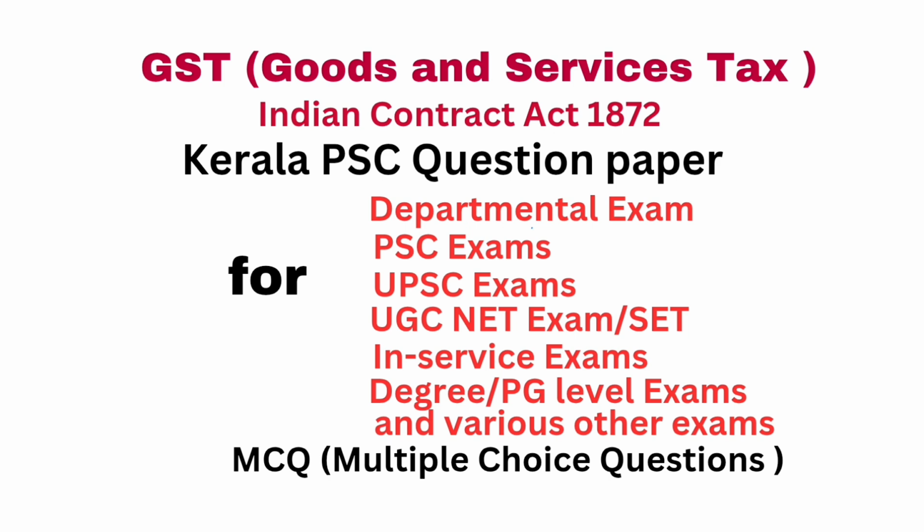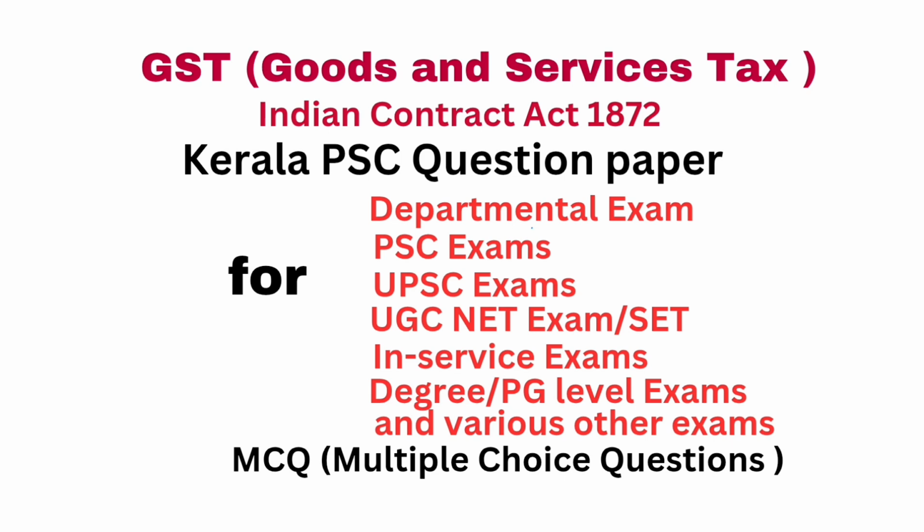Question number 36. Every registered person whose registration has been cancelled shall furnish a final return within which period? Option A, 1 month from the date of cancellation. Option B, 3 months from the date of cancellation.